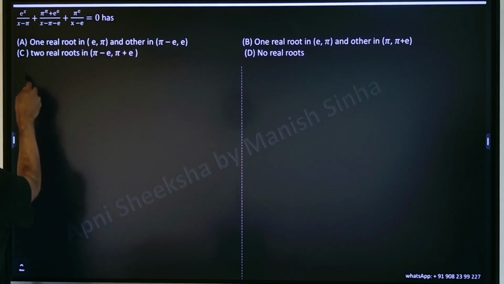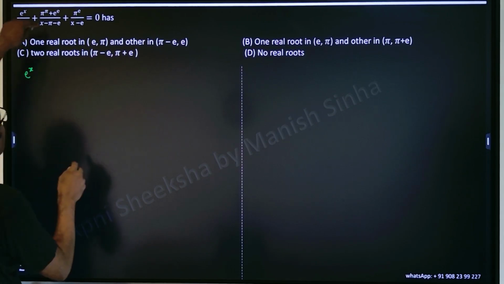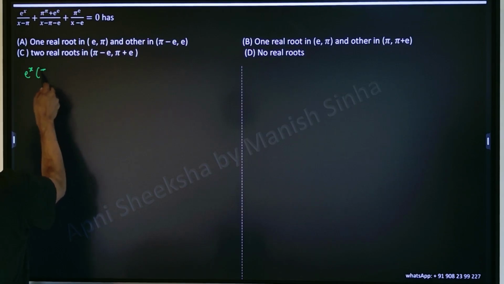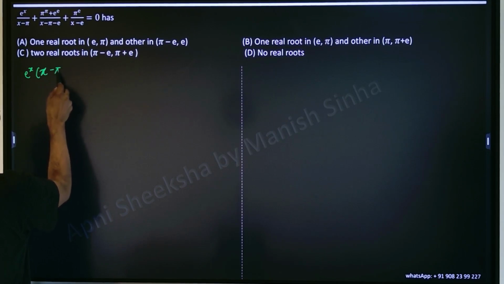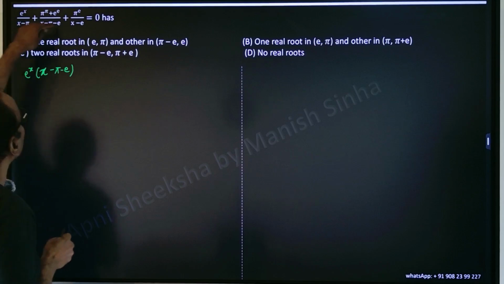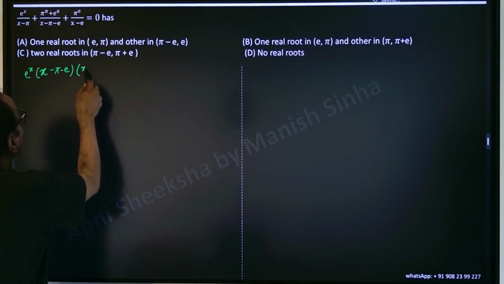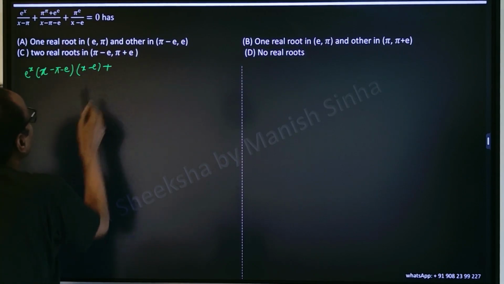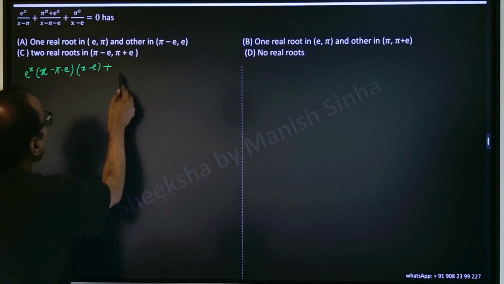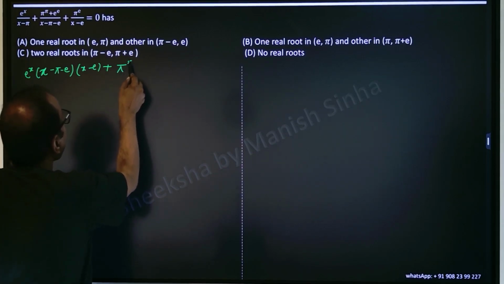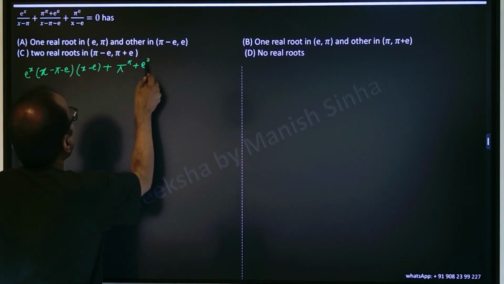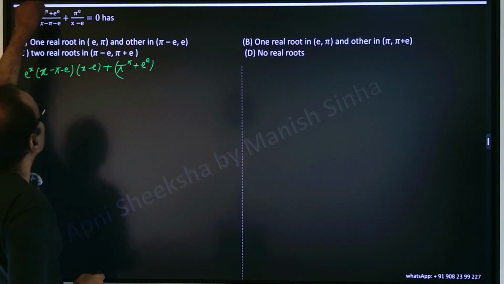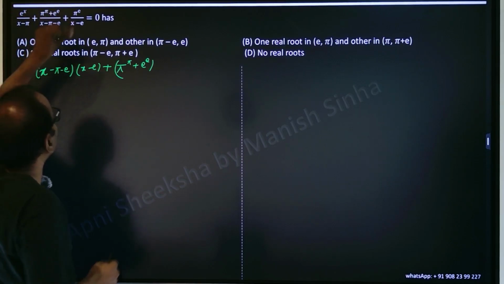So can we write it as e to the power x into x minus pi minus e into x minus e, because these two will multiply here. With this term, this and this will be multiplied.